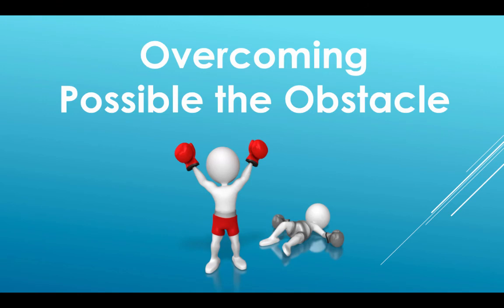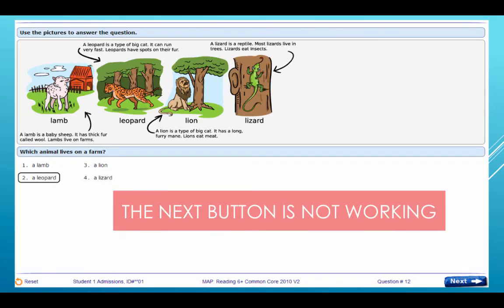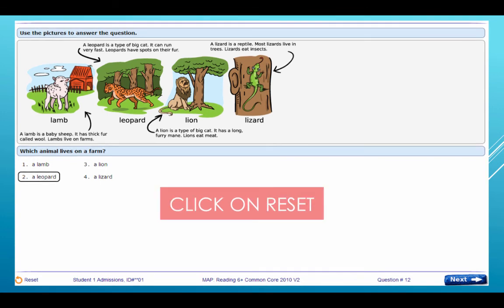Now, there might be some possible obstacles that you may face during the testing sessions. We're going to see two very common examples of this. Sometimes the next button is not going to work either on iPad or in the computer. To solve this problem, you might like to click on Reset.